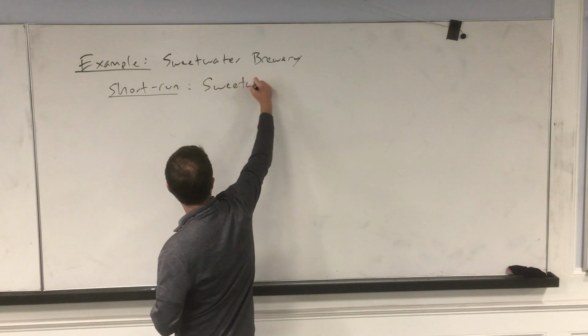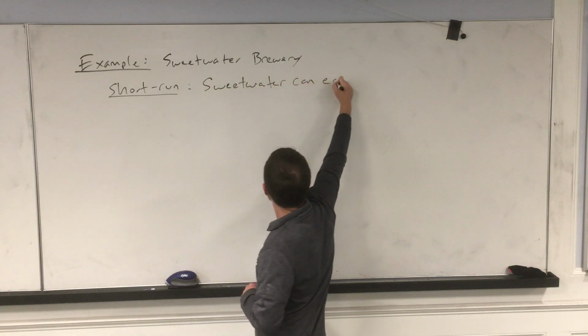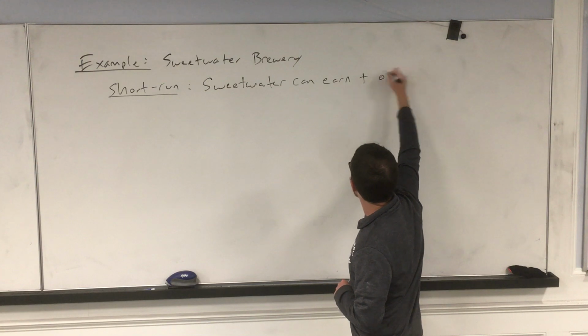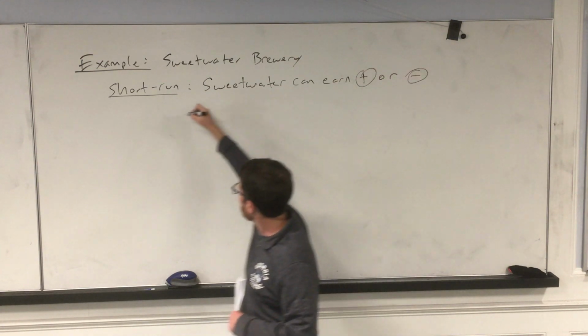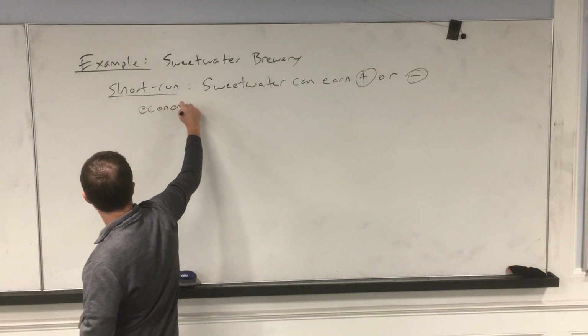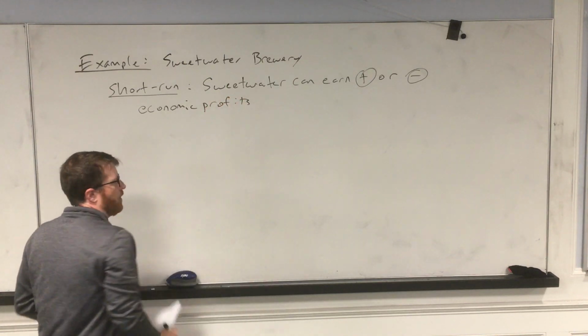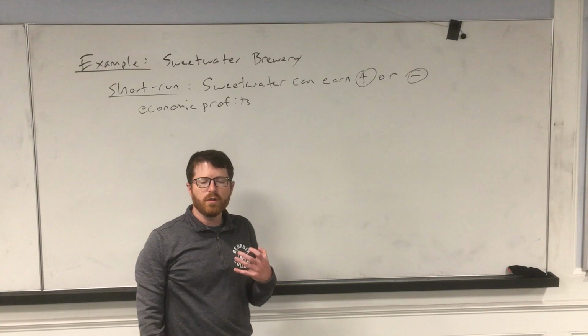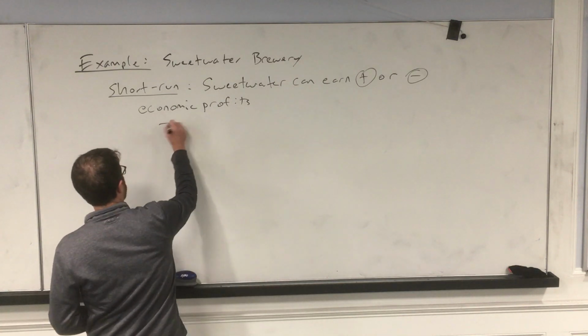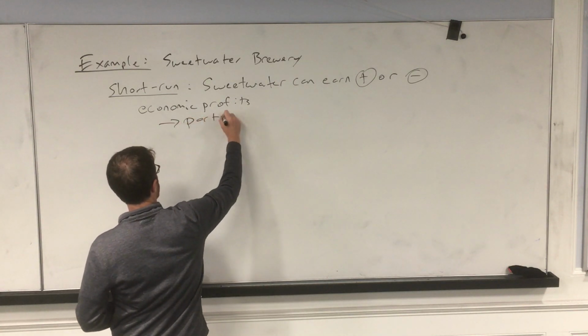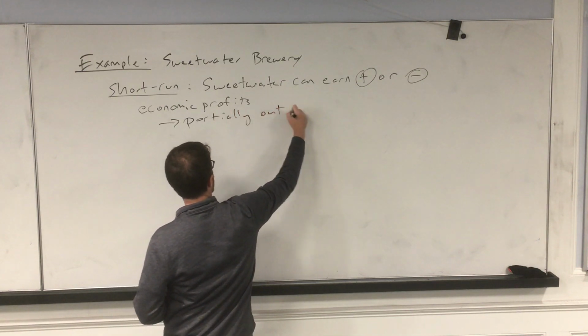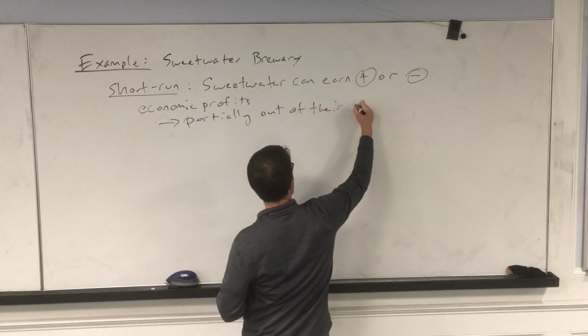So in the short run, Sweetwater can certainly earn positive or negative economic profits. They can do well or they can do poorly. This will be partially in their control and partially out of their control, kind of like we saw with perfect competition.